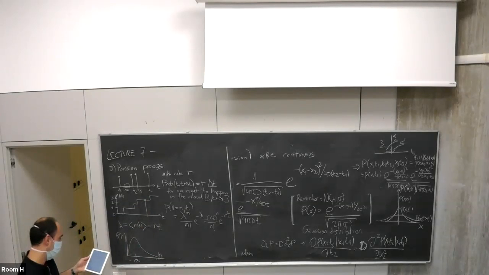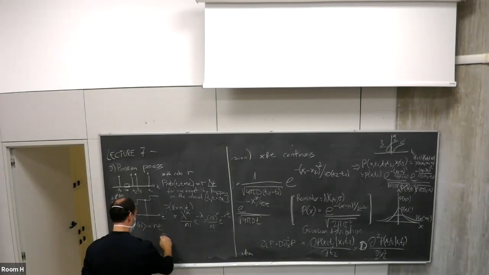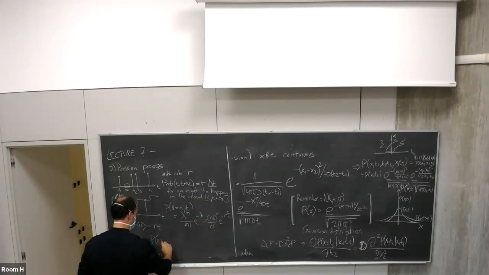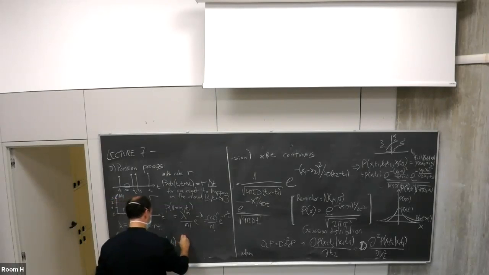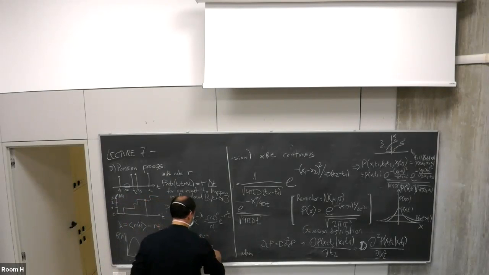And the propagator has the same structure. So P of N2, T2, given N1, T1 has exactly the same structure. It will be R times (T2 minus T1) to the power N2 minus N1, divided by (N2 minus N1) factorial, times e to the minus R (T2 minus T1).